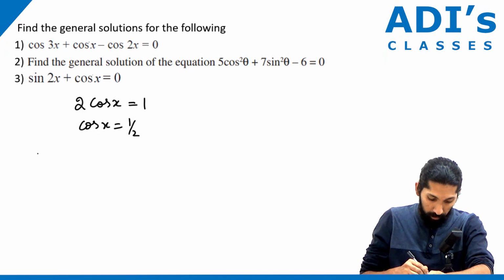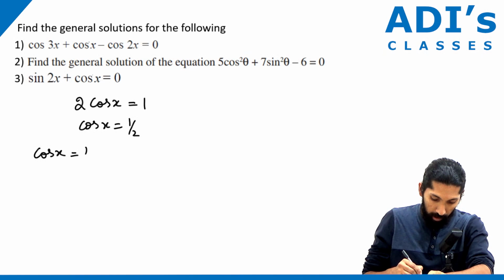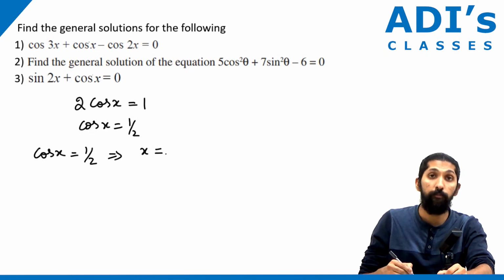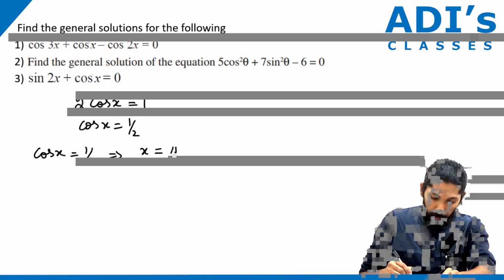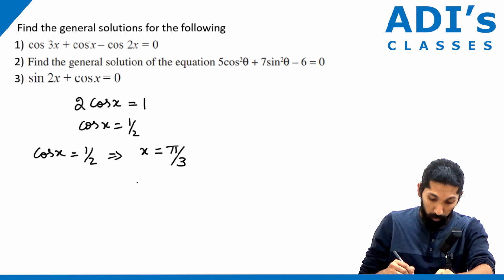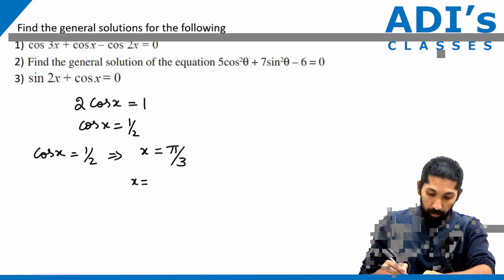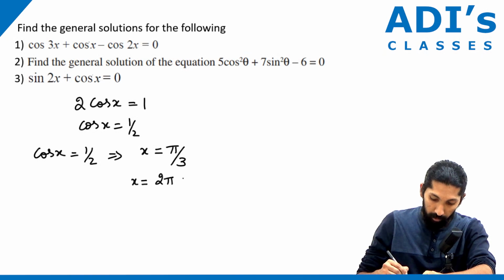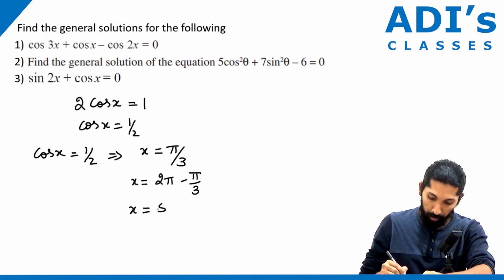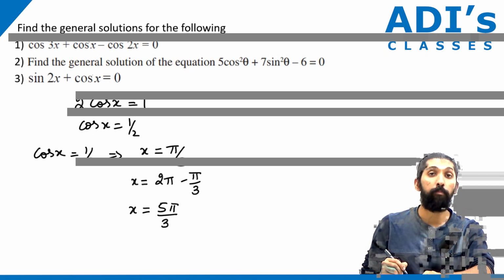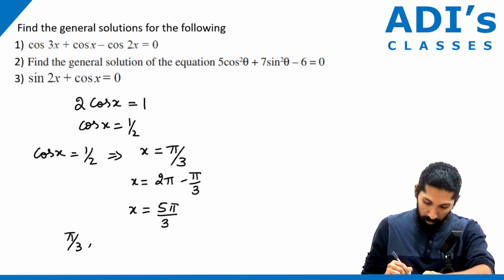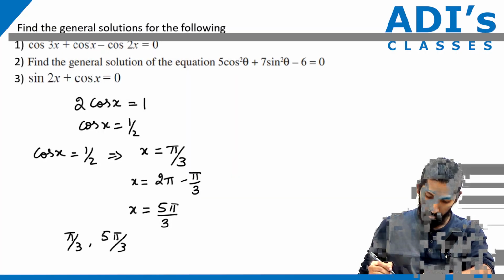So x, if you take it in the first quadrant, is pi by 3. Or if it's in the fourth quadrant, then we can write this as 2 pi minus pi by 3, or x is equal to 5 pi by 3.